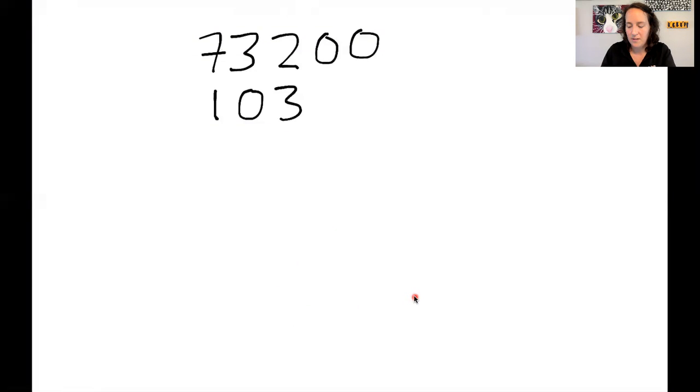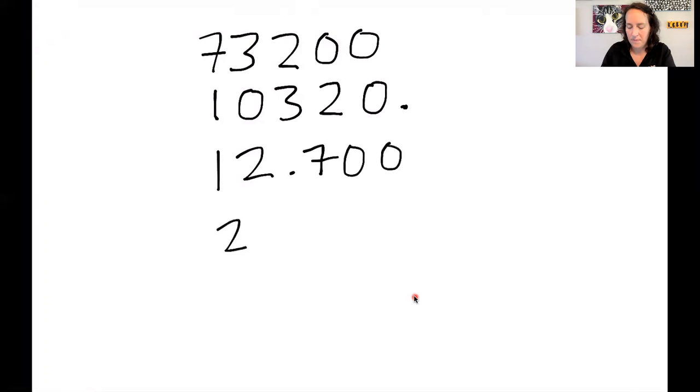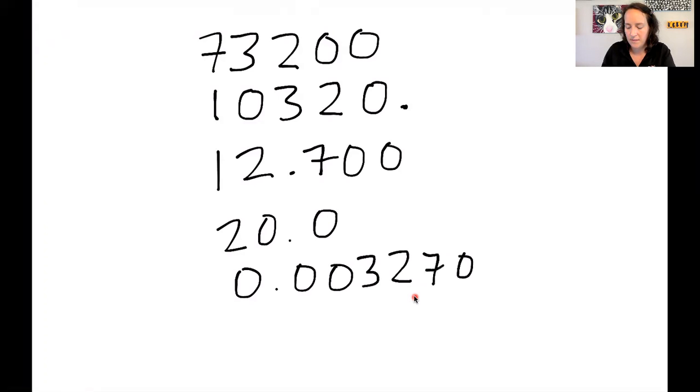So when I say trailing zeros, what I mean is I'm talking about zeros that come after a number. So if we look at a couple examples, let me make up another number, and the last one, okay, so here's just some numbers that I made up.